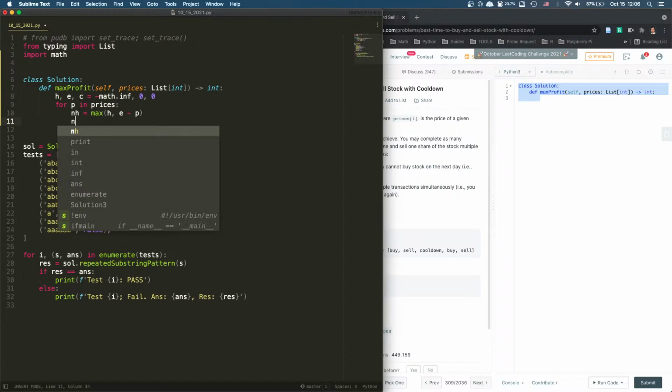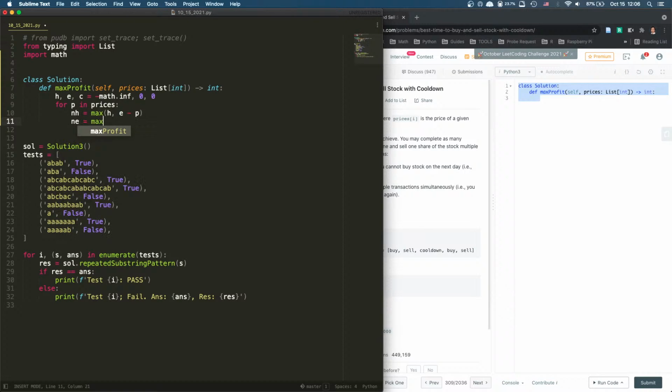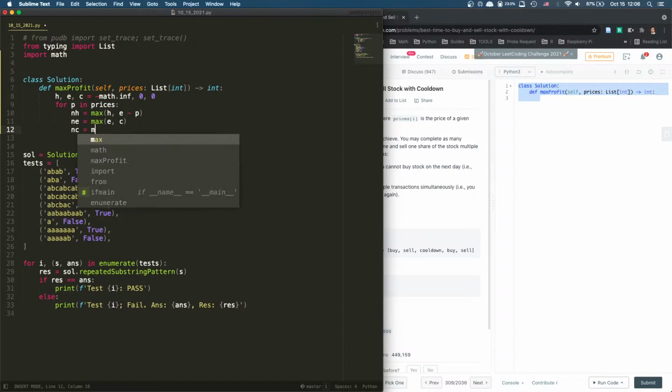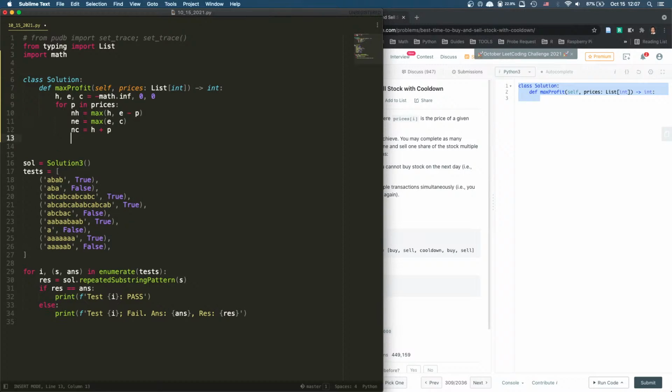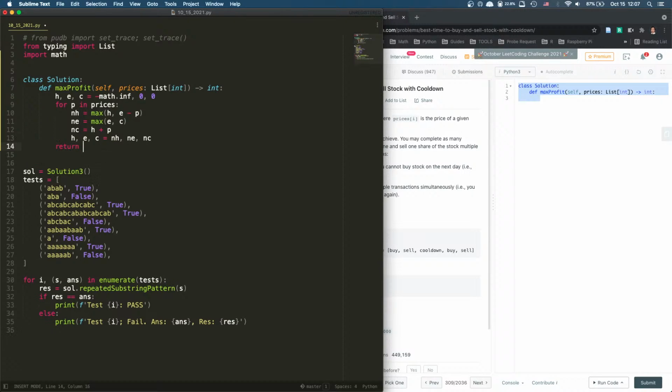And new E equals max of empty, and then previous C. And then new C is just equal to, because only one transition can go to C, which is sell, H plus P, right? Once we've done that, we can say H, E, C equals new H, new E, and new C. And once we're done, we're going to return.